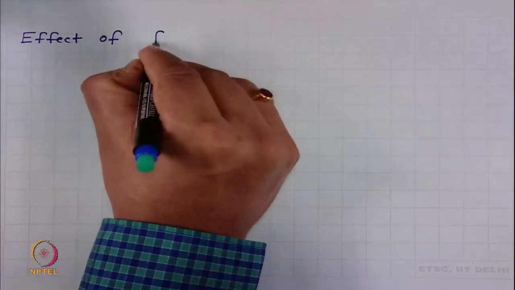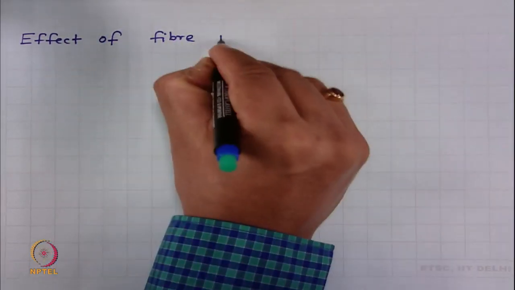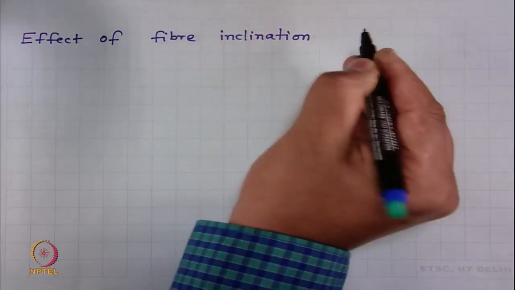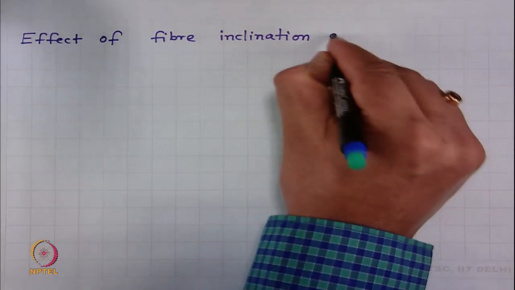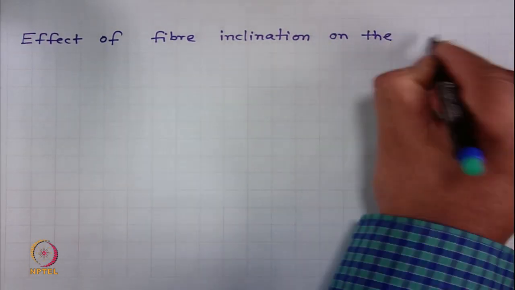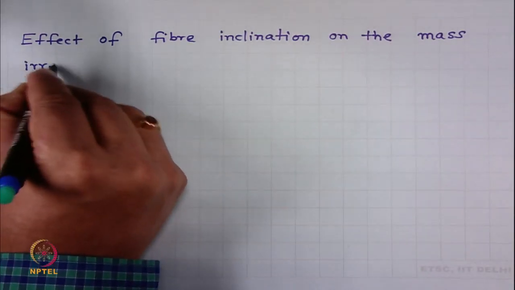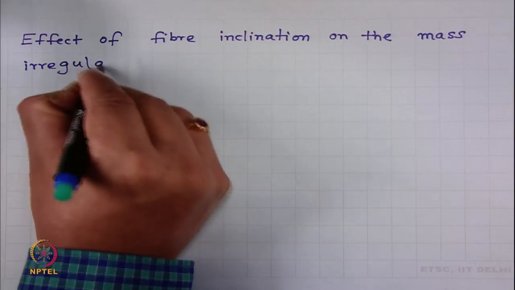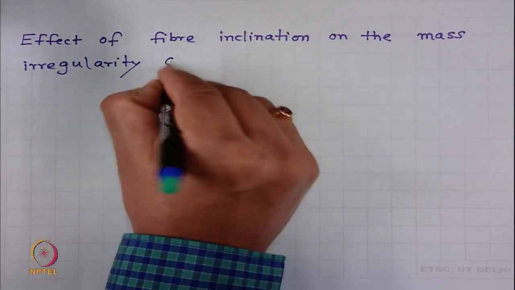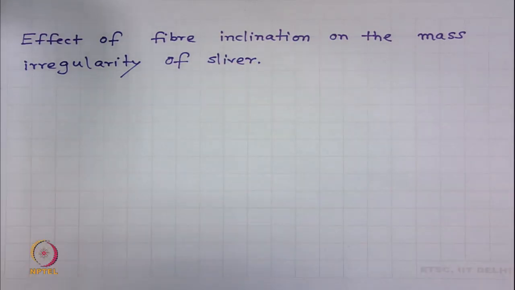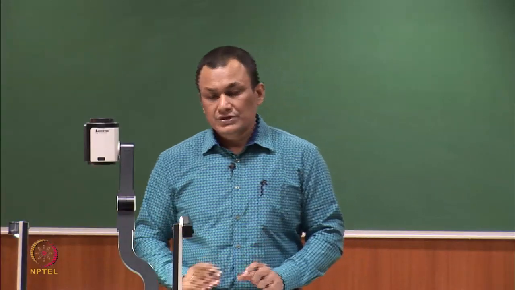Effect of fiber inclination on the mass irregularity of sliver. Suppose let me draw two slivers.